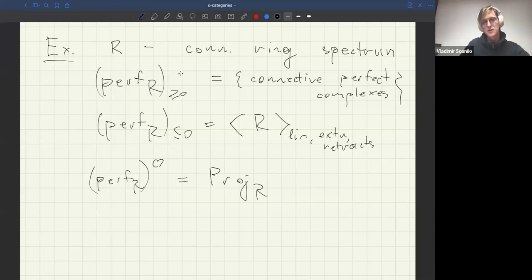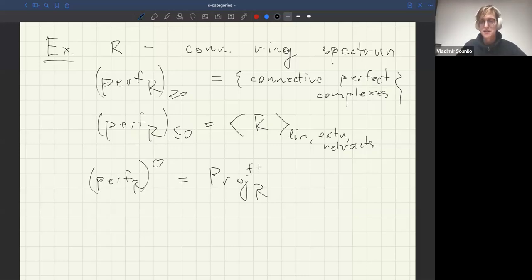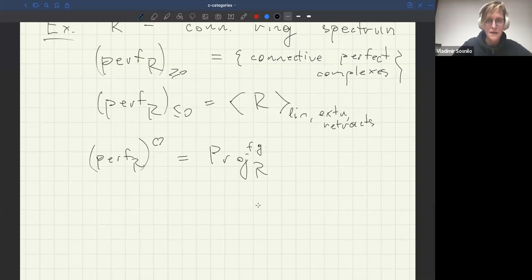And in particular, because R is connective, you can see the orthogonality condition that was in the definition: if you take any two objects in the heart, then the mapping spectrum between them has to be connective. In this case, you can see it because the mapping spectrum between any finitely generated projectives is going to be connective as well.